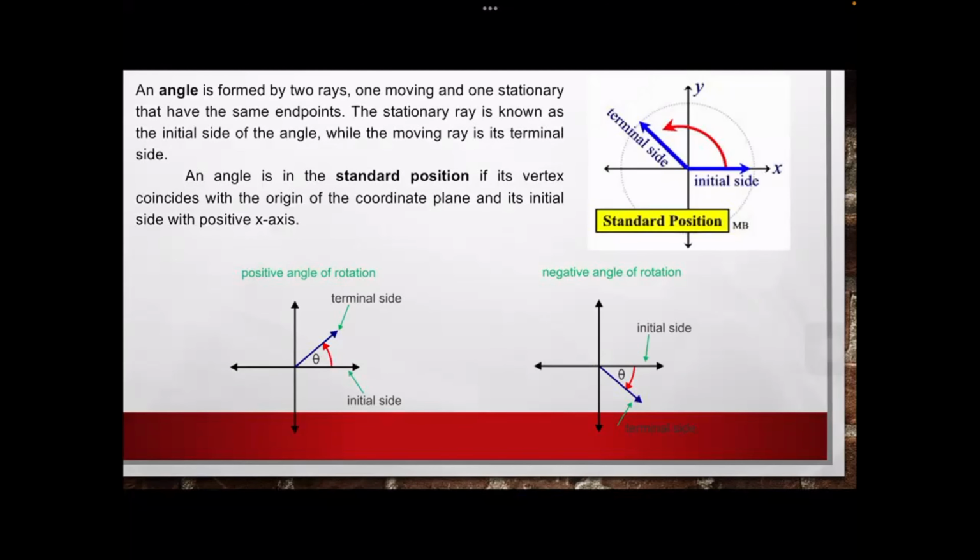So the angle is formed by two rays, one moving and one stationary that have the same endpoints. The stationary ray is known as the initial side of the angle, while the moving ray is the terminal side. Ito yung ating initial side, ito lang yung nasa x-axis. Yung terminal side natin, ito yung moving.